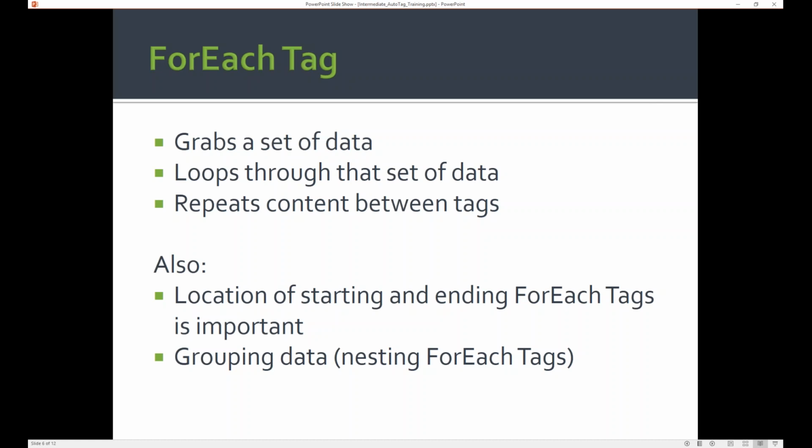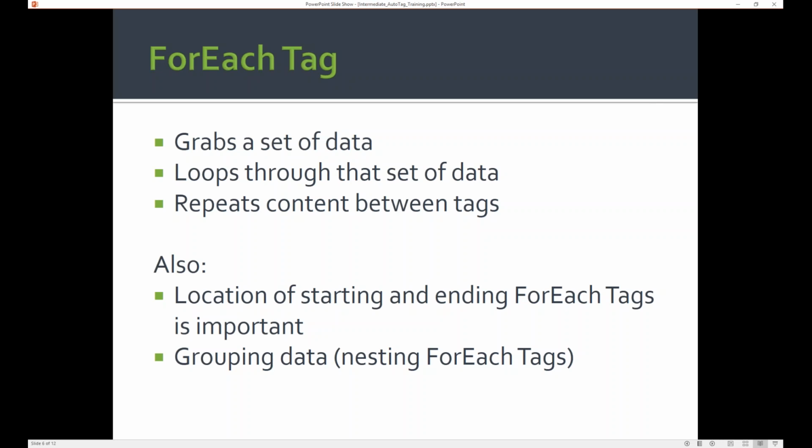I'll show you the importance of where to place the beginning and ending ForEach tags. And I'll show you the results of placing these tags in different ways. And we'll also get into grouping data or nesting ForEach tags. And I'll show you how to group your data with nested ForEach tags.